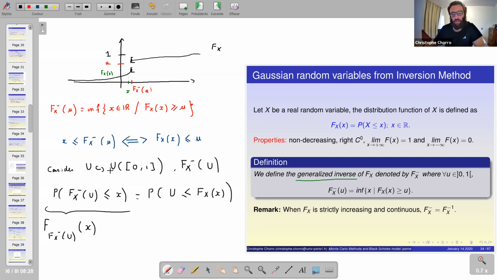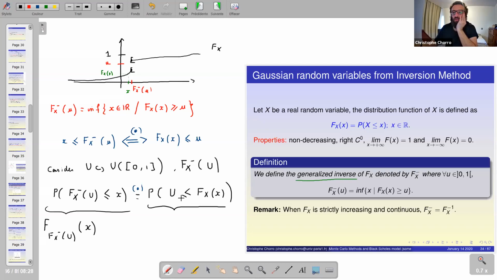Because I have this equivalence, and so I have the equality between these probabilities. And what is this one? I have a uniform. Here you have a number that is between 0 and 1.